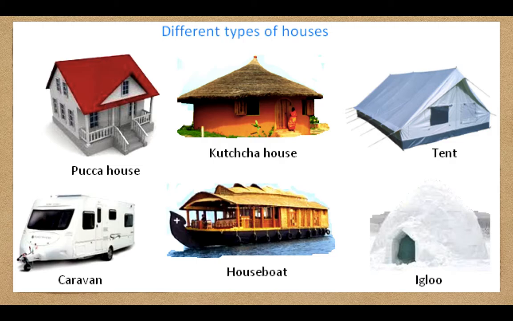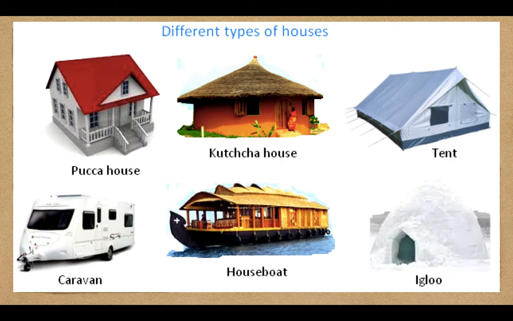Then caravan. Caravan is a type of house which you can take with you wherever you like, and everything is available inside, right? So it's again a type of house, caravan. We can say a house on a wheel. Wheels are there on our house, that is a caravan. Then houseboat.